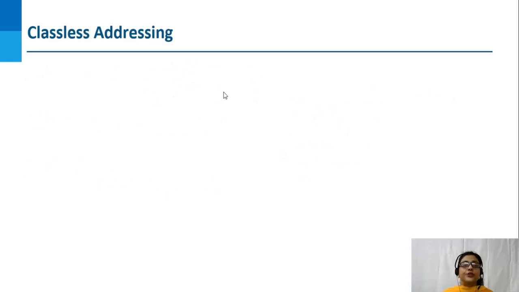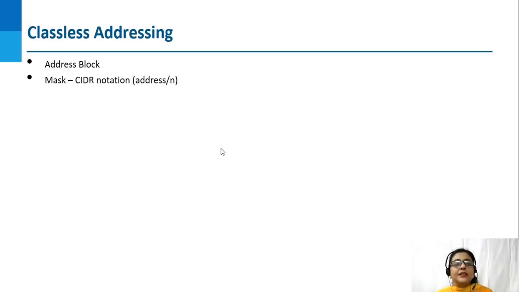Let's turn our attention to classless addressing. For classless addressing, we divide the addresses into several blocks. Masking is done in order to understand the network address, and here we use the CIDR notation.